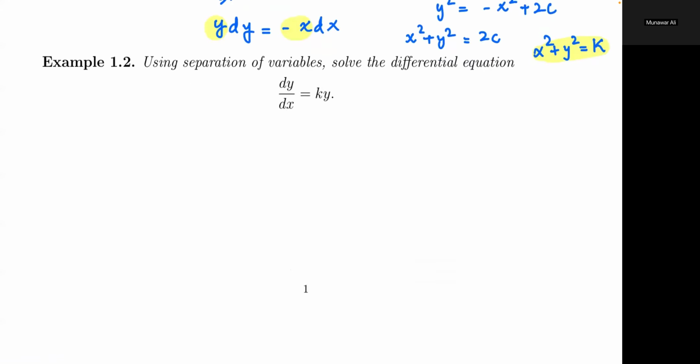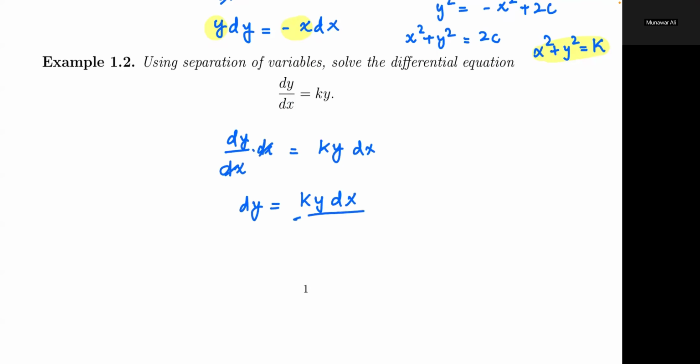I want to separate the variables. So I'm going to start with multiplying dx on both sides. So dx times dx. So I'm left with dy is equal to k times y dx. On the right hand side, I can see there's a y, so I'm going to divide by y so that I can get rid of that y on the right hand side.